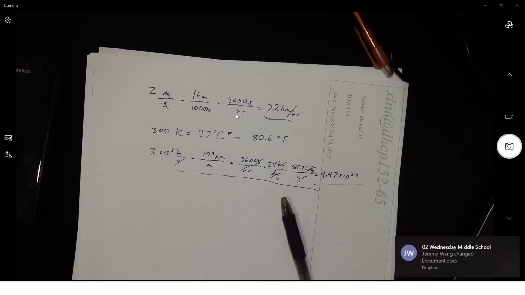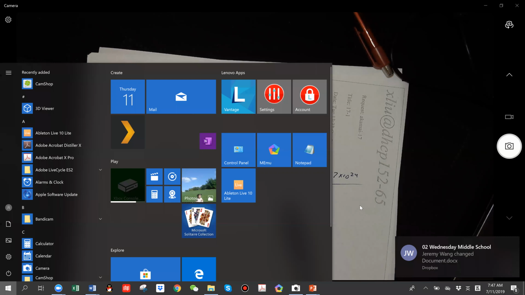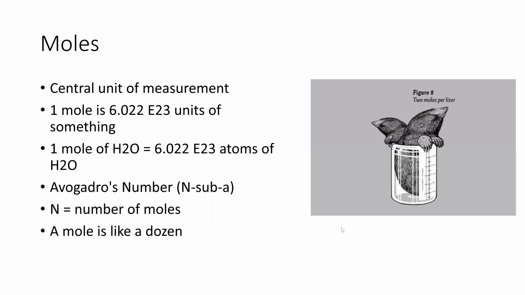Great. So I think everyone understands how to do them. I want to introduce the concept of a mole. Here I have a picture: 2 moles per liter, right? In chemistry, moles are not animals, but they're the central unit of measurement.